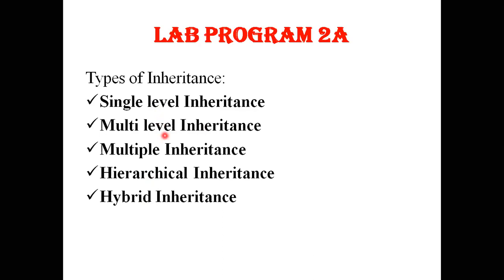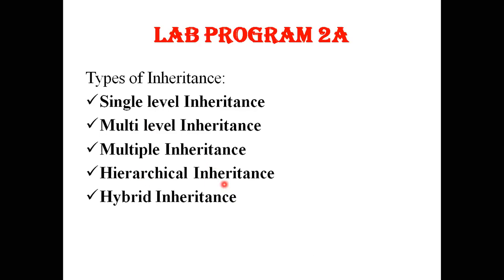Multi-level goes in terms of levels. Multiple inheritance, one derived class will have multiple base classes. Hierarchical inheritance, we have one parent class but multiple derived classes. Hybrid, a combination of all these. So in our program, there should be one of these types of inheritance in use.